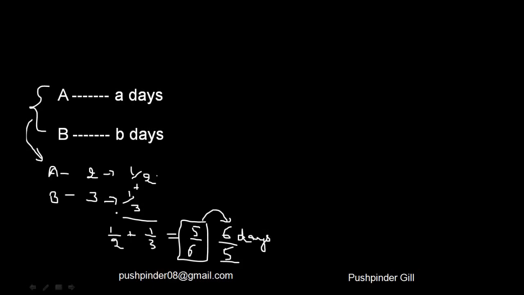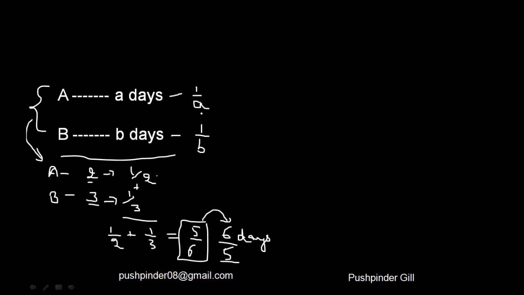Now yes, the variables over here were simple and you were able to solve this question very simply. Now I'm going to give you a tool wherein you can solve the question more easily just by plugging in the values. Let's say A can do a work in A days and B can do a work in B days. That means A will be doing 1/A of the work every day and B will be doing 1/B of the work every day.